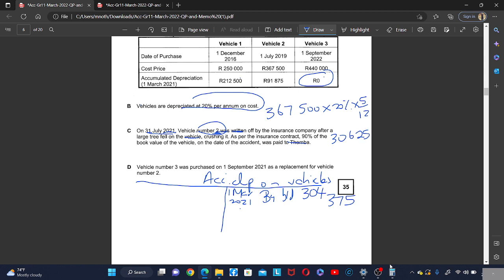So this means that before this vehicle was crashed, its depreciation was 80,625.